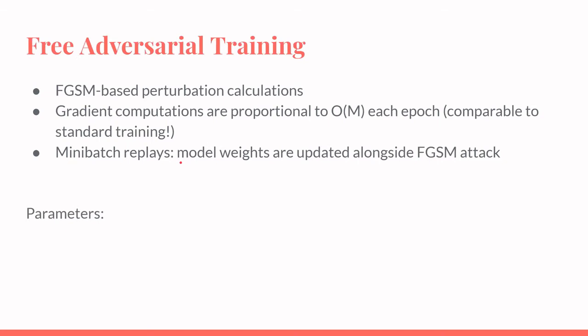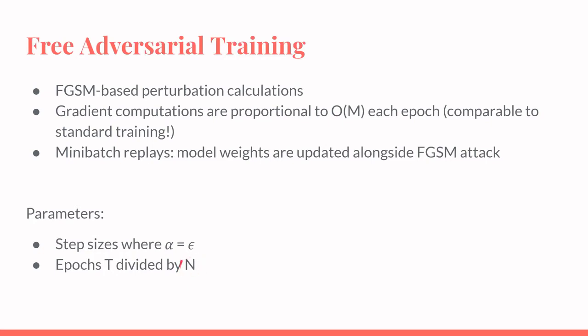Now, there are some parameters that have to be set that make this a little bit different. Step sizes are set to equal epsilon, in order to remove the complexity of n.